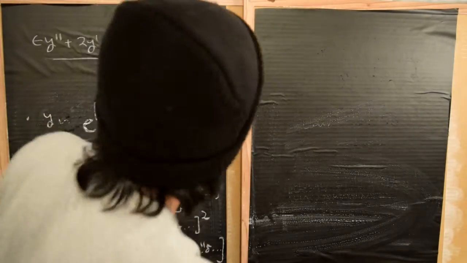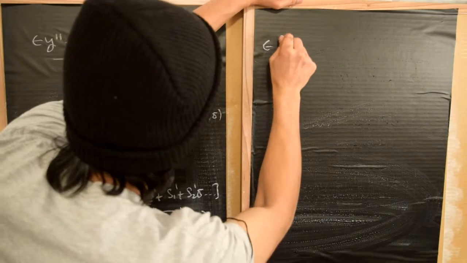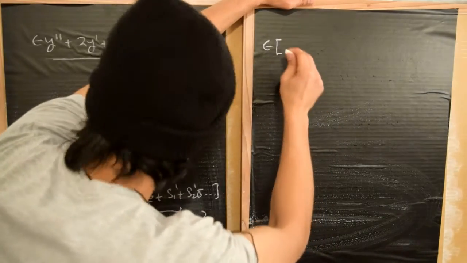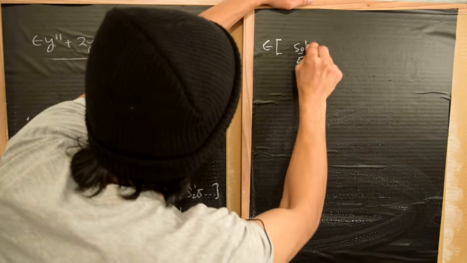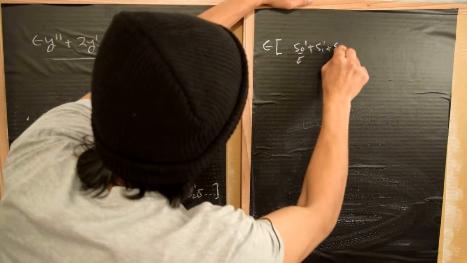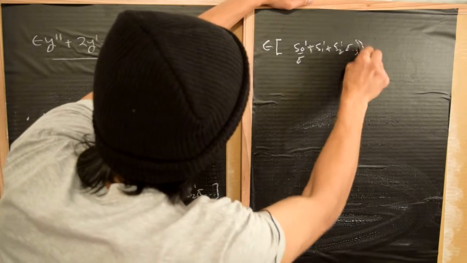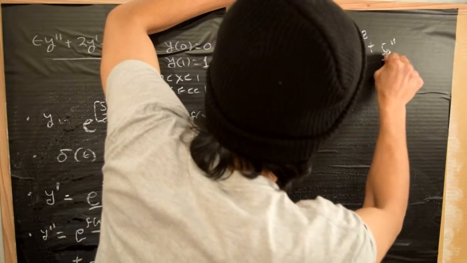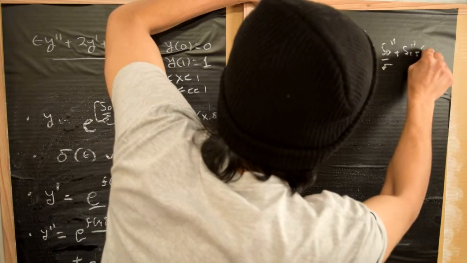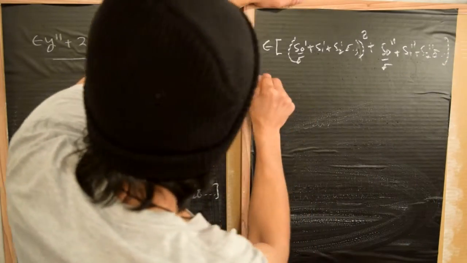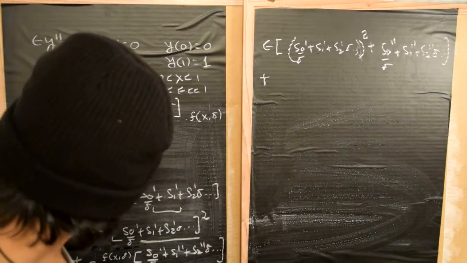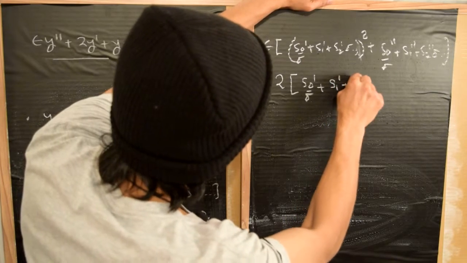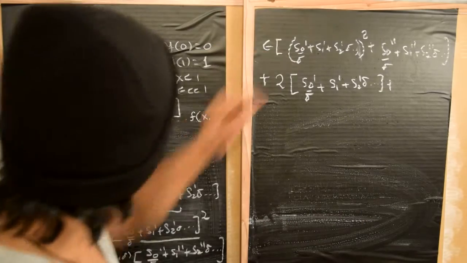So what we'll end up finding is that epsilon y double prime will have epsilon times the square of s naught prime divided by delta plus s1 prime plus s2 prime delta, and higher order terms, plus the double derivatives, which will give us s naught double prime by delta plus s1 double prime plus s2 double prime delta, plus the term 2y prime, which will give us 2 times s naught prime by delta plus s1 prime plus s2 prime delta, plus y.